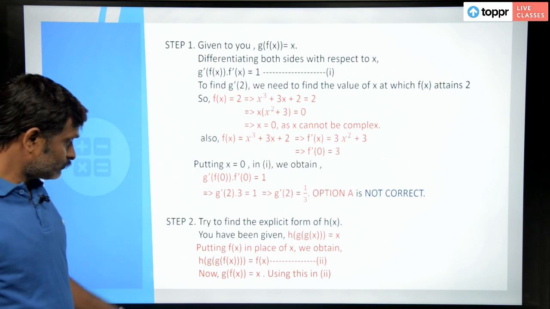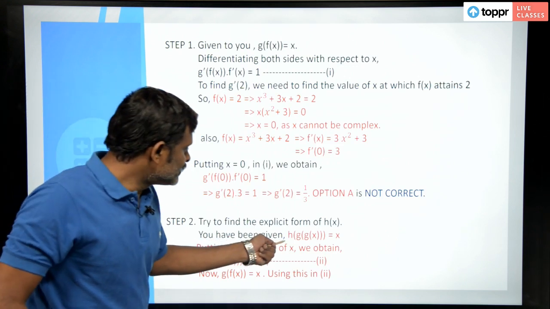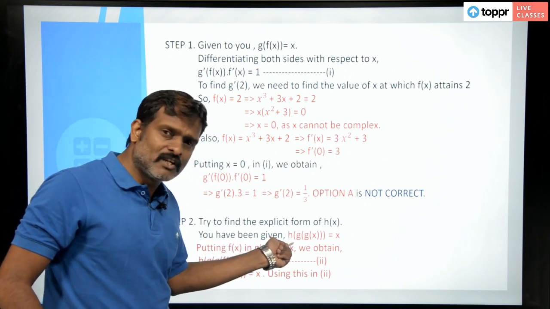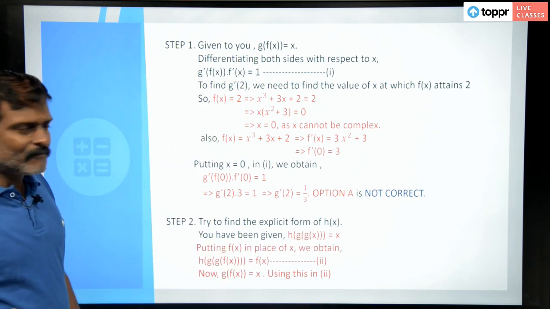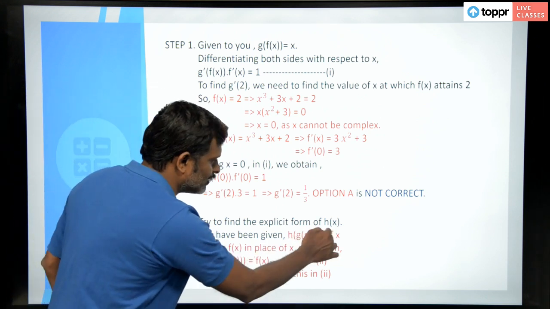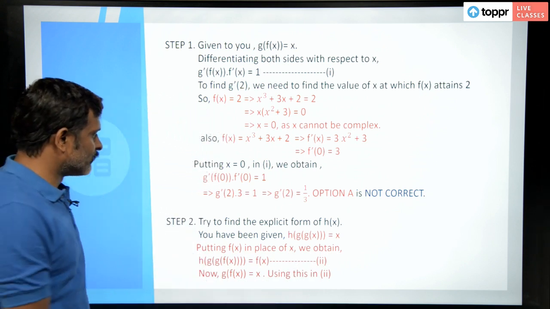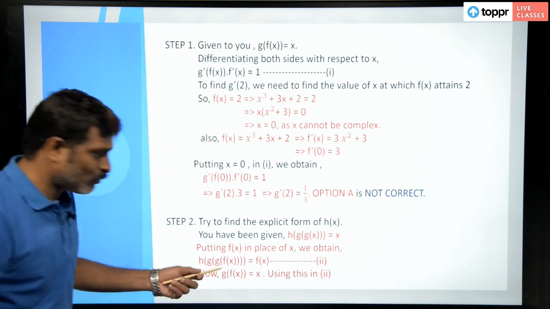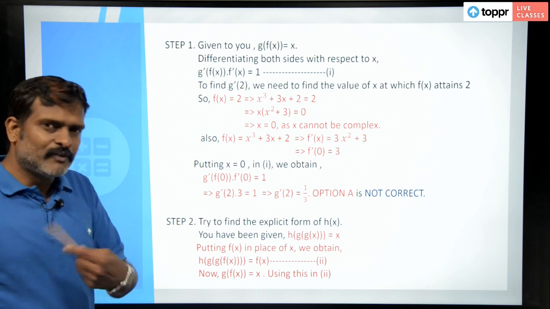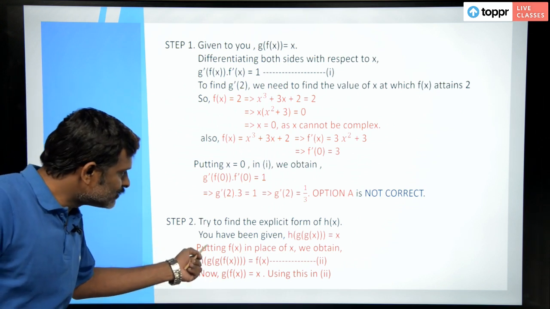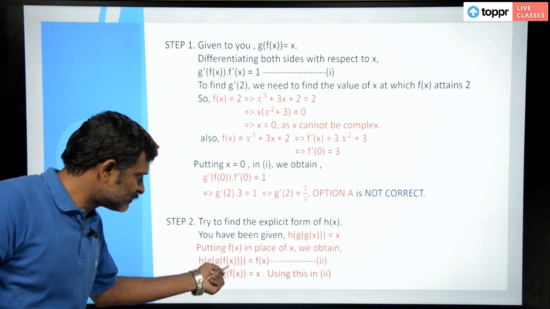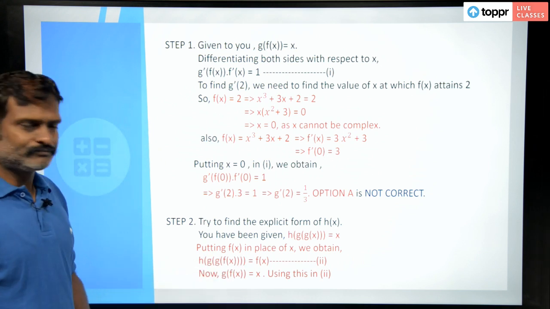This is the given function, h of g of x, which is equal to x. So, I will replace x with f of x. See, it is interesting actually, h of g of f of x is equal to f of x, right.